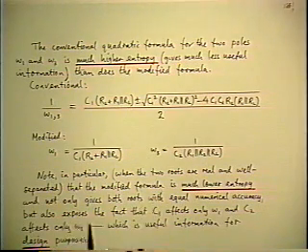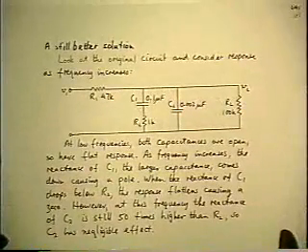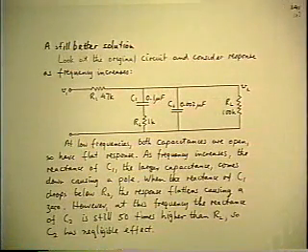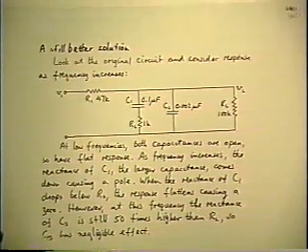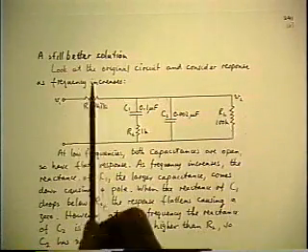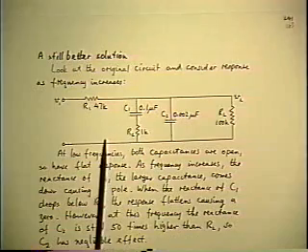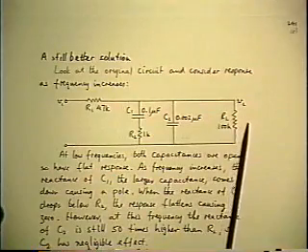Well, even this is more work than necessary. Let's talk about a still better solution. And you latch onto this one right away because it's probably what most of you do anyway. Look at the original model after Thevenin reduction, because that's always a benefit anyway. No, sorry, this is before Thevenin reduction.